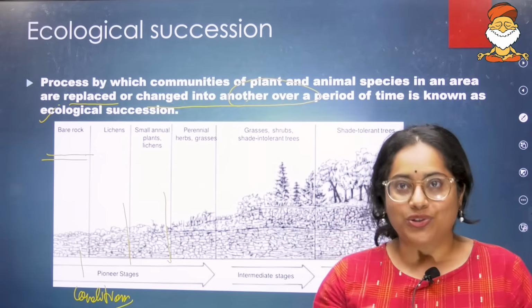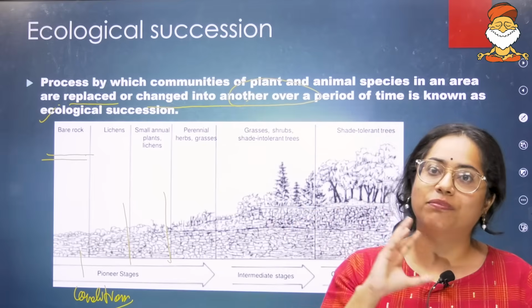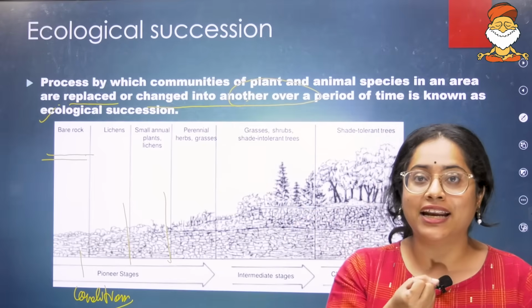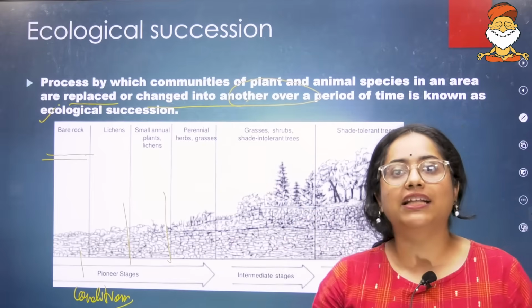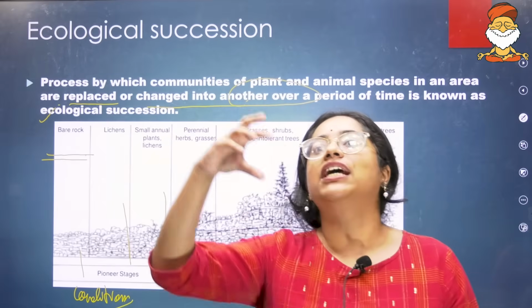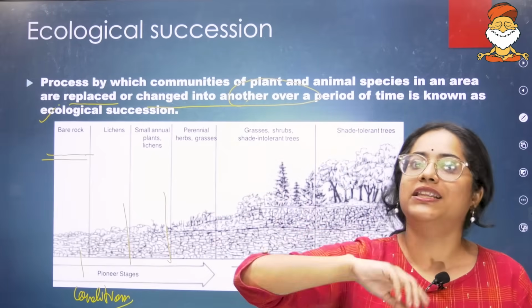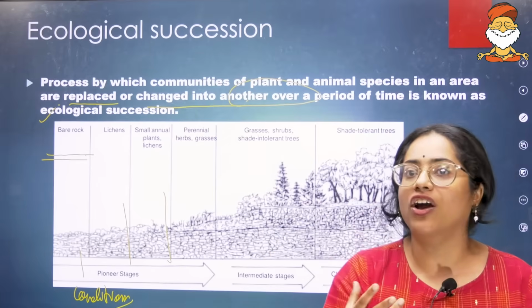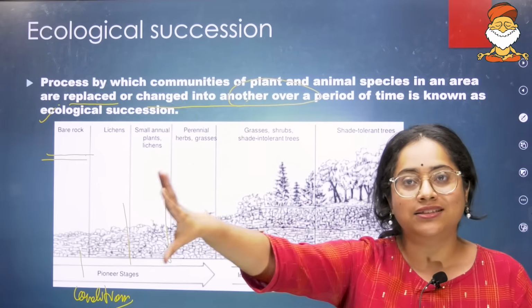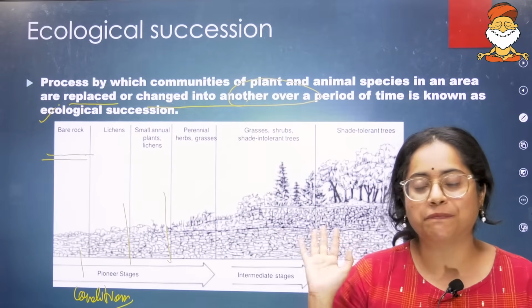It's primarily because based on what community of plants is there, you have animals inhabiting that area. So when I'm saying something has changed into this plant form, you can understand that associated with it, even the animals or other organisms have had their succession happening.